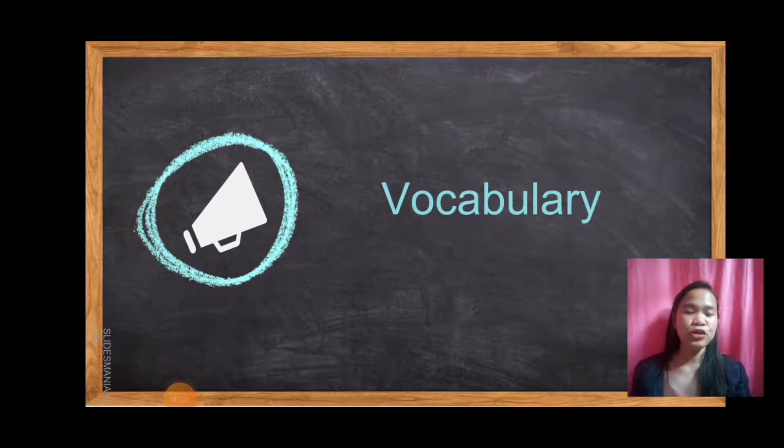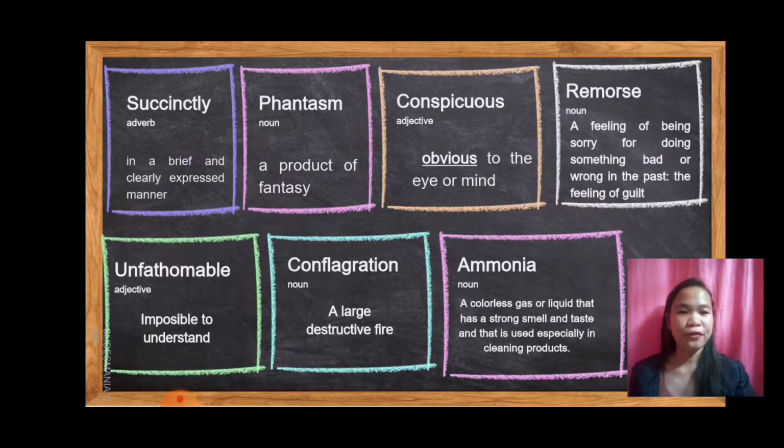But before we proceed to silent reading, allow me first to present some vocabulary that can be found in the text. The first one is succinctly, which is defined as in a brief and clearly expressed manner. Second is phantasm, a product of fantasy.